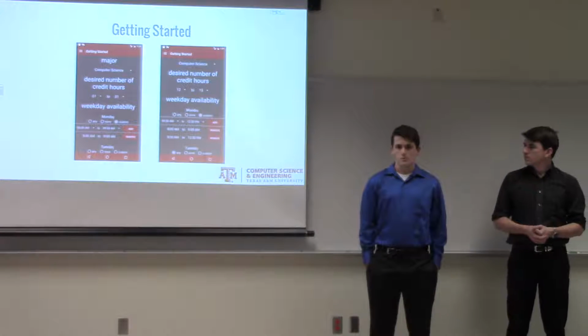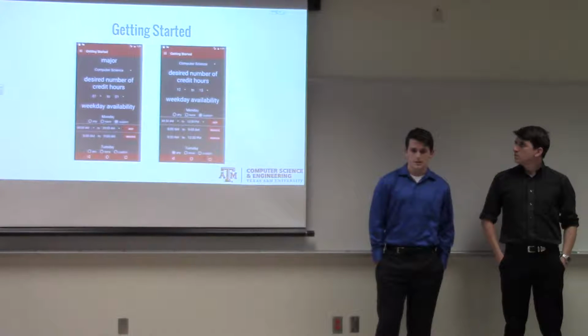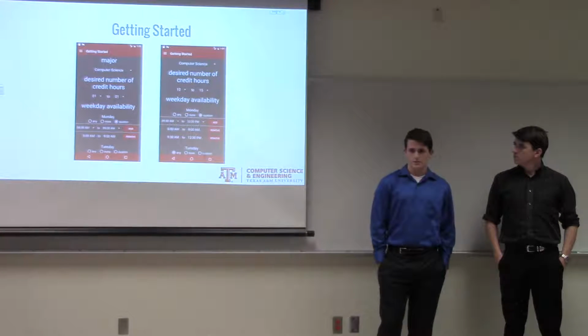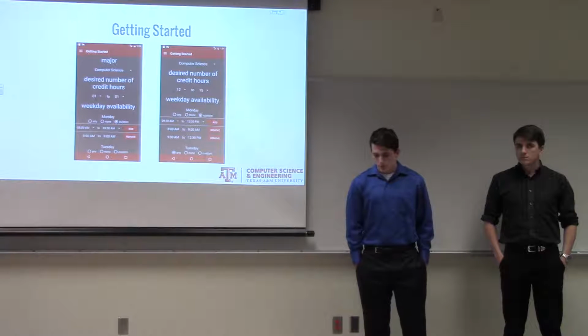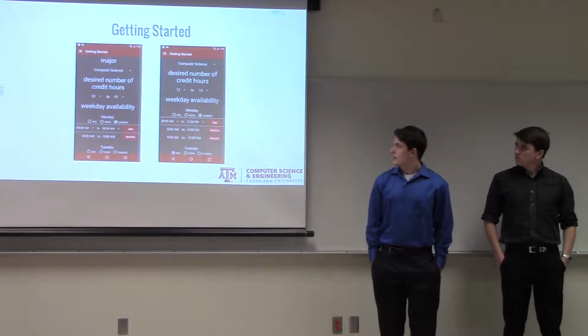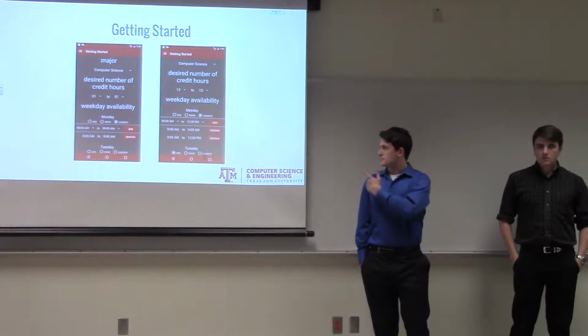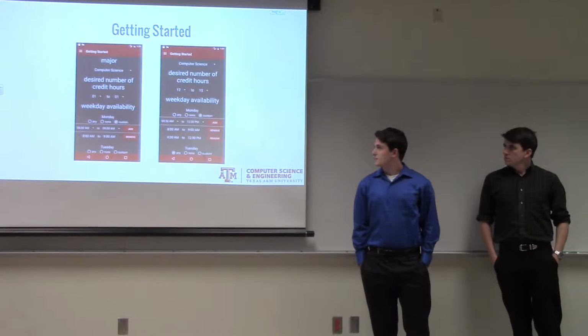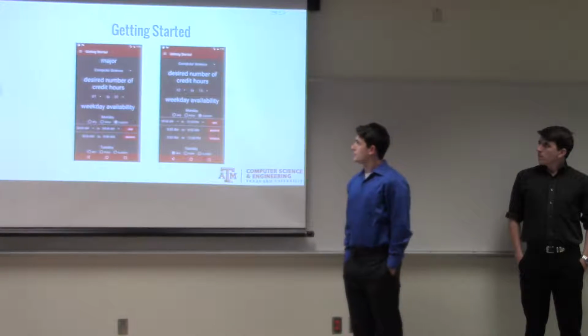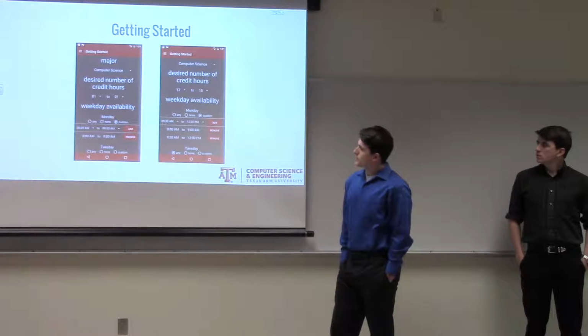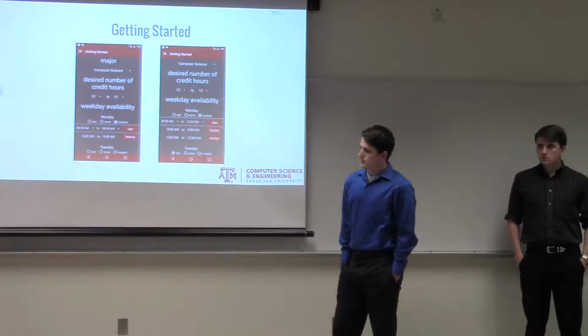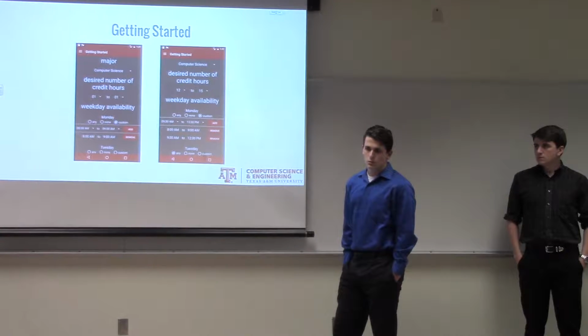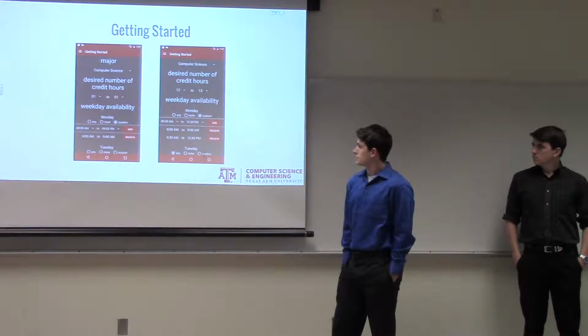All right, so there are 4 main pages in our app. Each is designed to personalize the user's experience. And each, besides the first, builds off the previous. So this is the first one, the getting started page, and it has the user input their degree, which determines what degree plan we're evaluating, essentially.